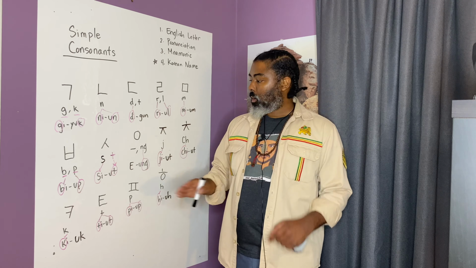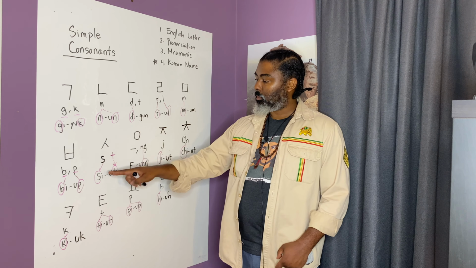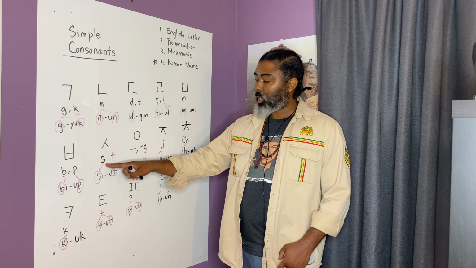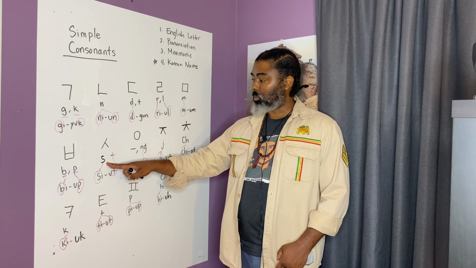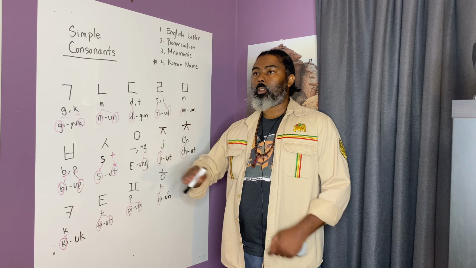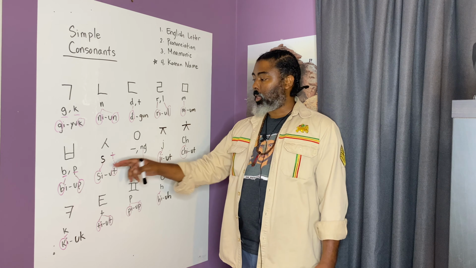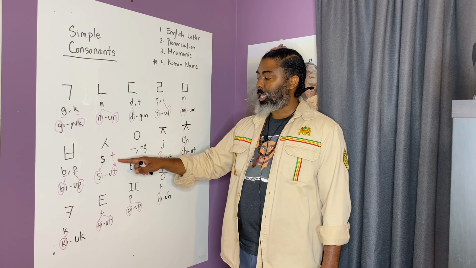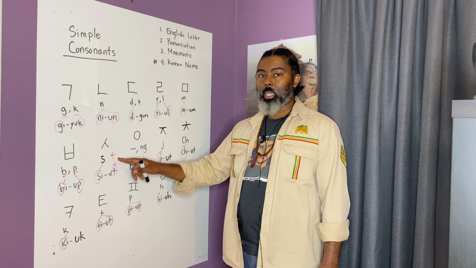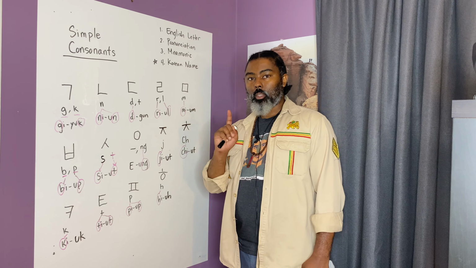For those of you at home, let me give you a little tidbit here. This letter is the S. If this character is at the front of the word, it's pronounced as an S. But if this character is at the end of the word, it's pronounced with a T. That's tip number one.